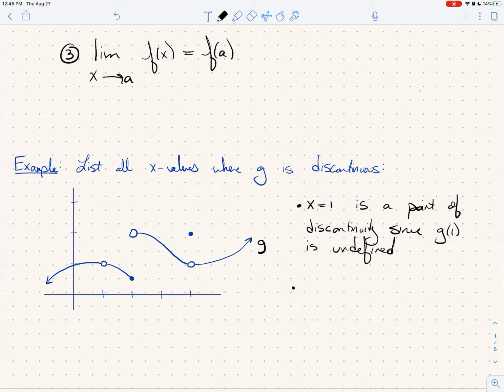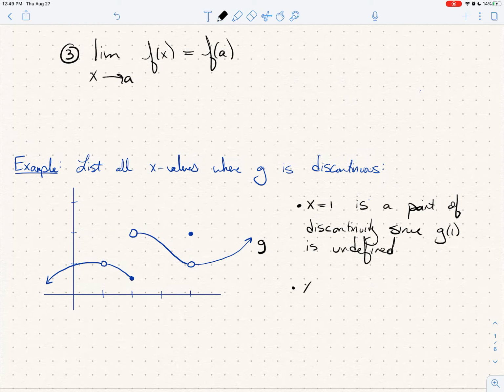The second point that we'll think about is right here at x equals 2. And think about it, the limit from the left is whatever this y value is down here. The limit from the right is 2. And so since the limit from the left is not the same as the limit from the right, you know that the limit doesn't exist.